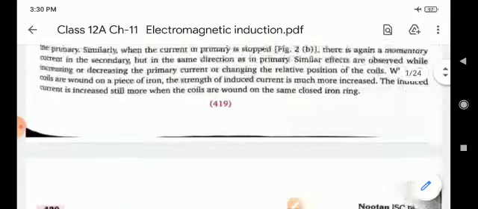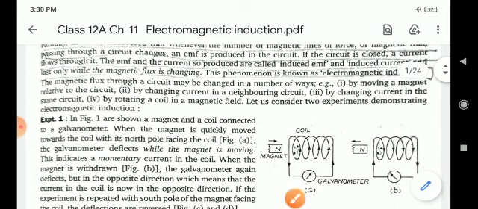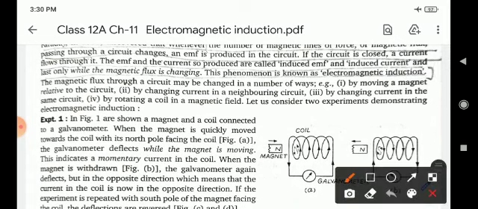Children, see the figure here. If the north pole moves towards the coil, then it appears north, and if the north pole moves away from the coil, it appears as a south pole.